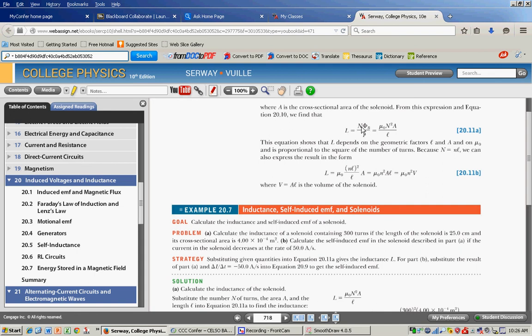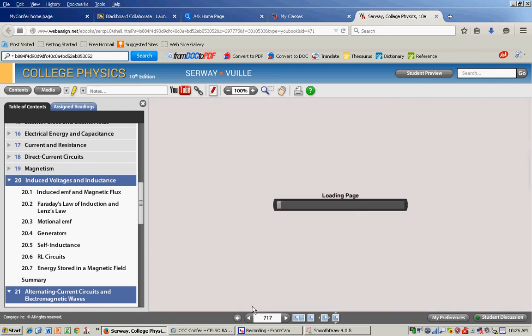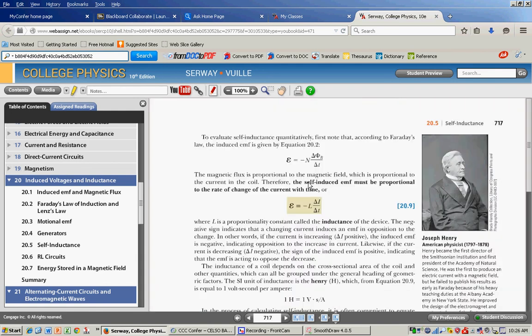So you define the so-called self-inductance as a property of the circuit, a property of your solenoid, that is proportional to the number of loops it has. So the more loops, the more self-inductance it has, and it is proportional also to the magnetic flux in it.